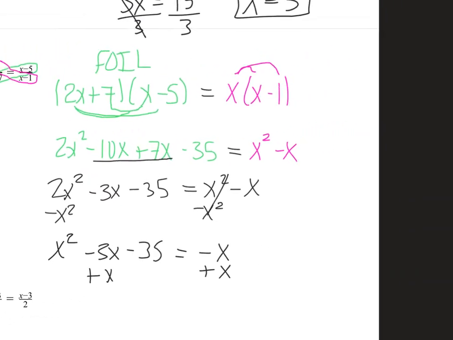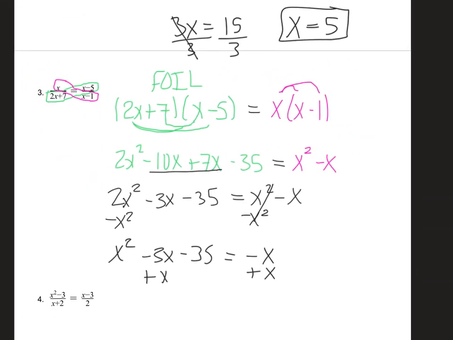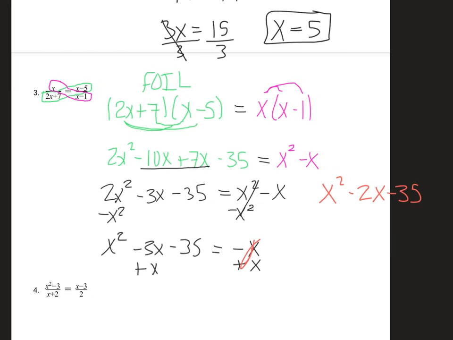So these will cancel, right? And this will become a negative 2x. So let's write that over here. So I've got x squared minus 2x minus 35. And that's going to equal 0.